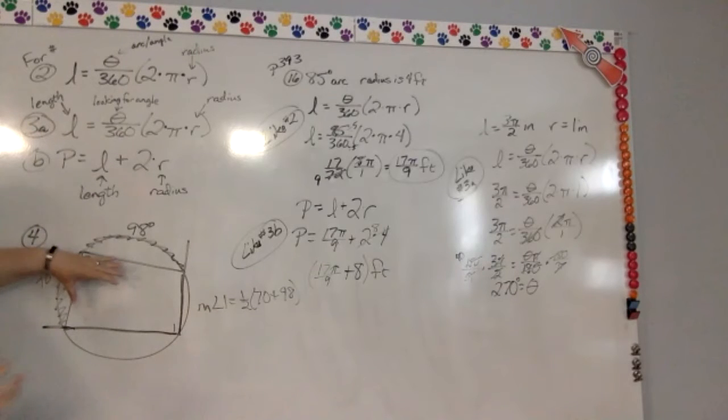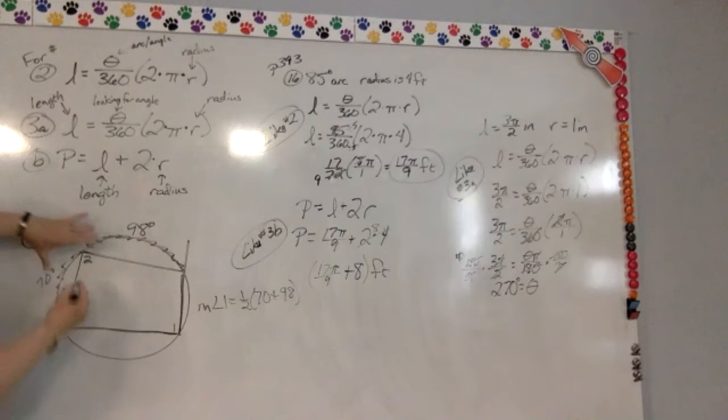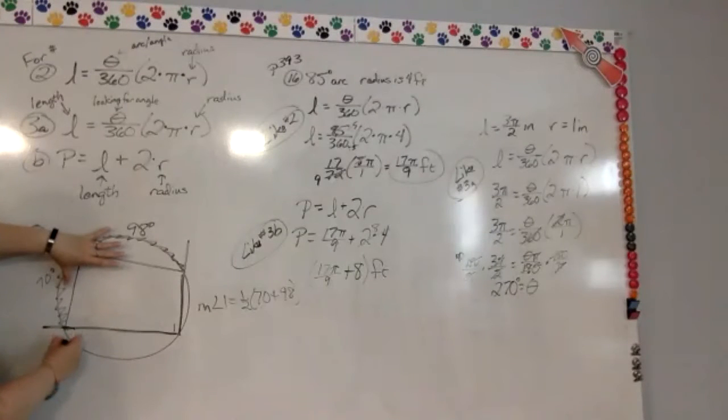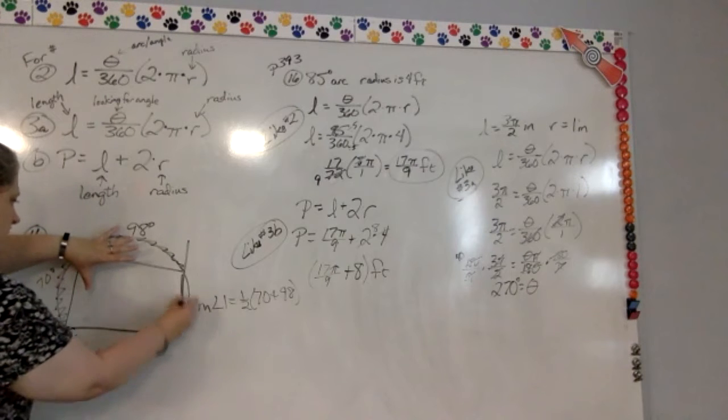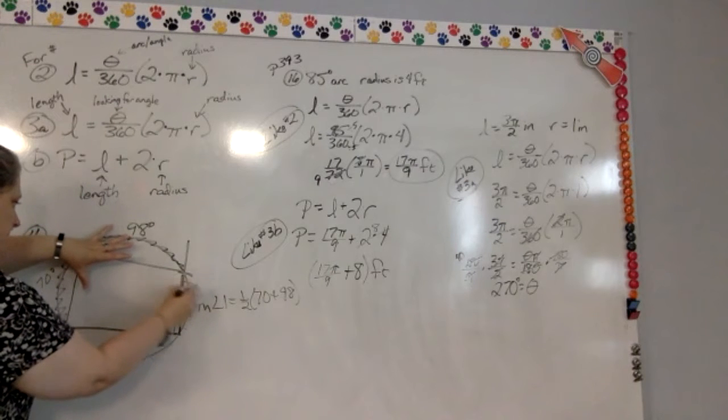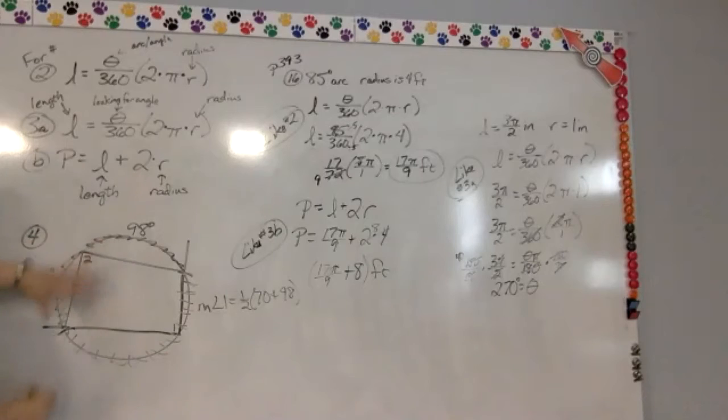Now, angle 2 is the same concept. Angle 2 is going down this way, so it's going to be all of the arc from here all the way around to here. It's all this side. Now, to find this side, I'll have to remember what's an entire circle. 360.